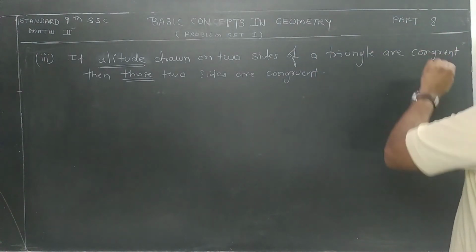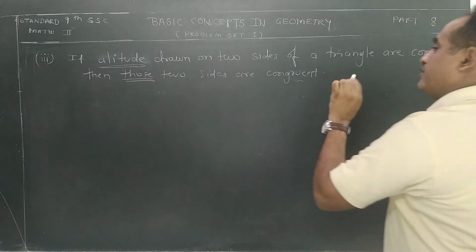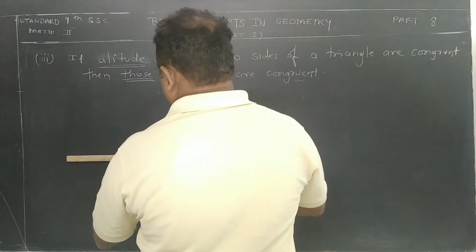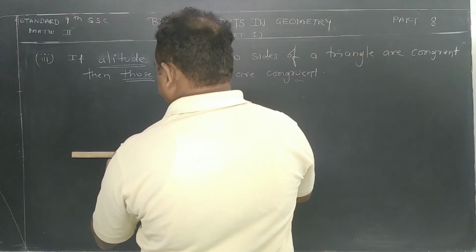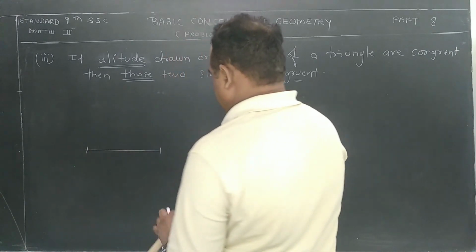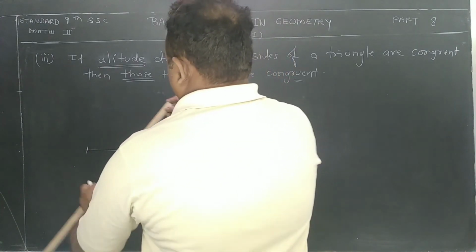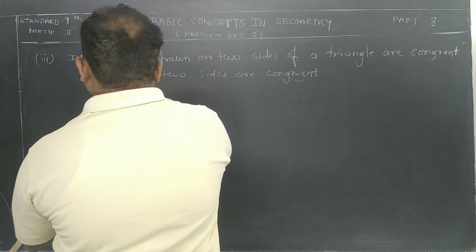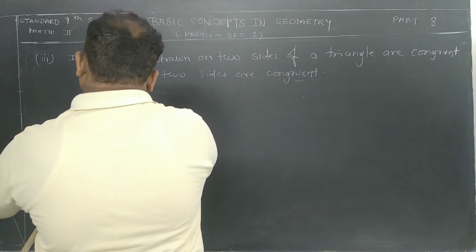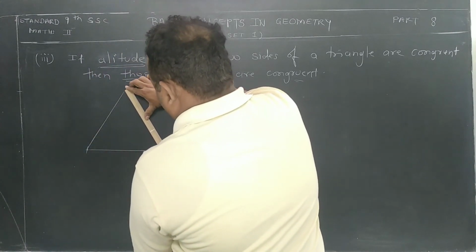Perpendicular, are congruent, then two sides are congruent. Means we are going to draw the figure in which two sides are congruent. So how will we draw the figure? First of all, I will draw a base of a triangle, and then we are going to draw two sides, they should be congruent.